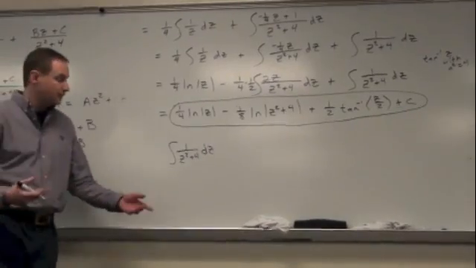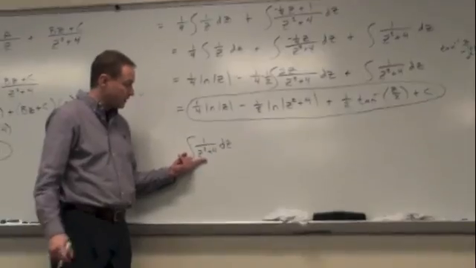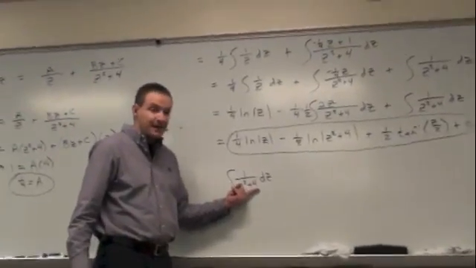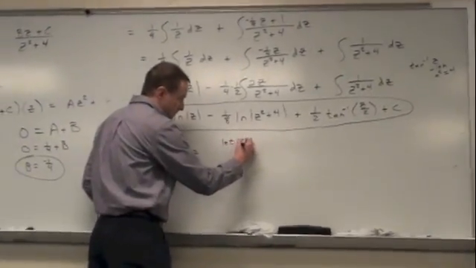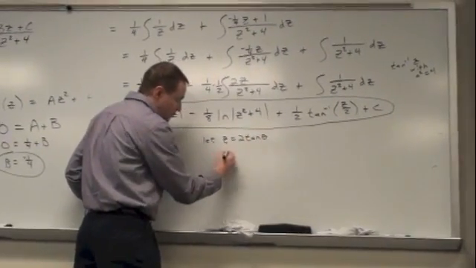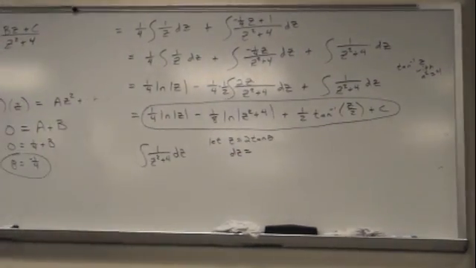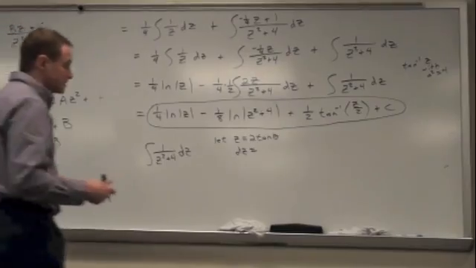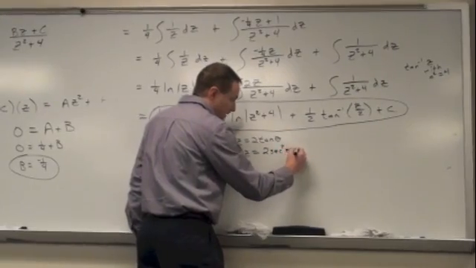What I would do in this case is to say, just like Michael had mentioned a while ago, let z equal 2 tangent theta. So dz would be the derivative of 2 tangent theta. Derivative of tangent is secant squared. This would be 2 secant squared theta d theta.